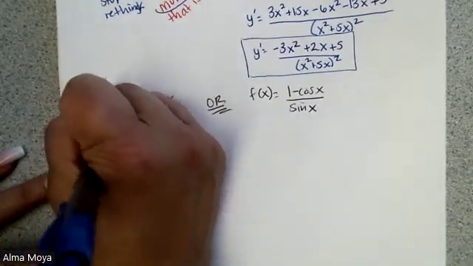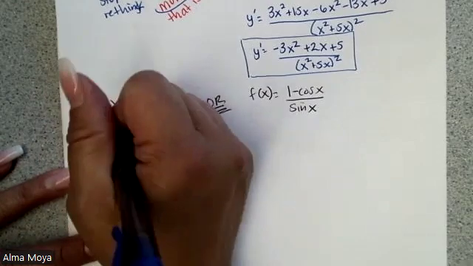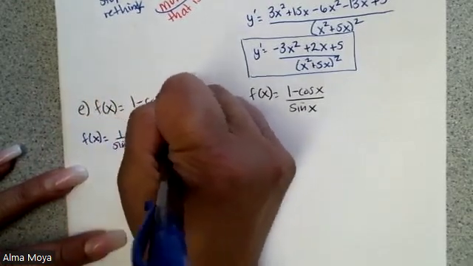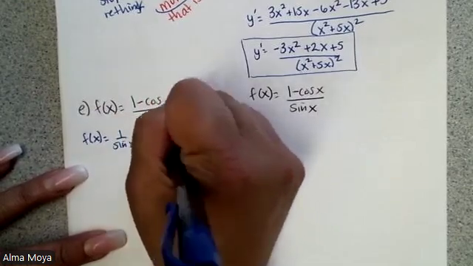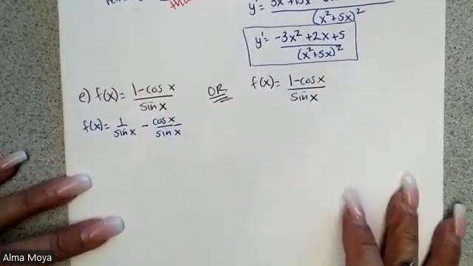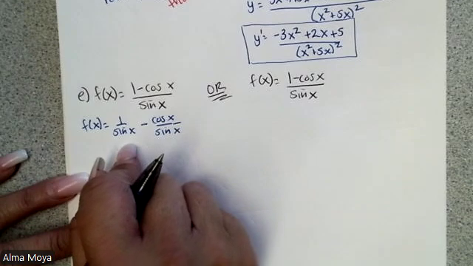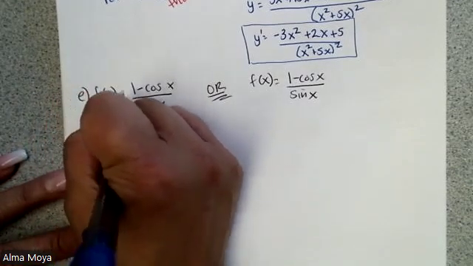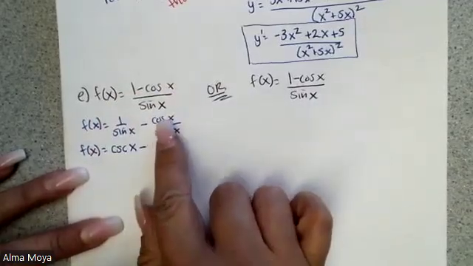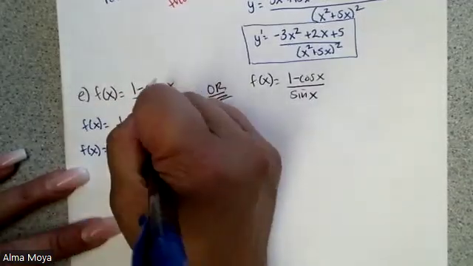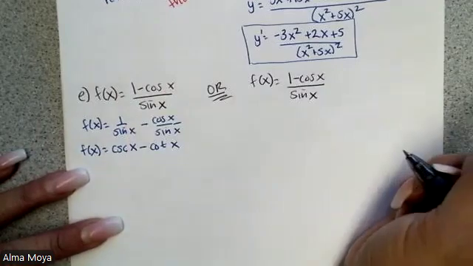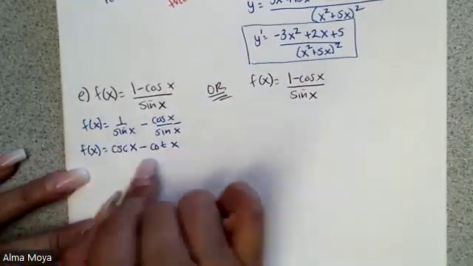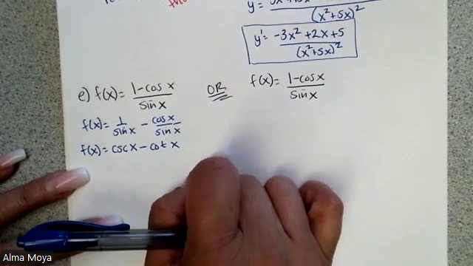So f of x is equal to 1 divided by sine x minus cosine x divided by sine x. Now, 1 over sine, that's technically cosecant x. And cosine x over sine x is cotangent x. I have not written derivative because all I'm doing is simplifying. I have not taken the derivative yet.